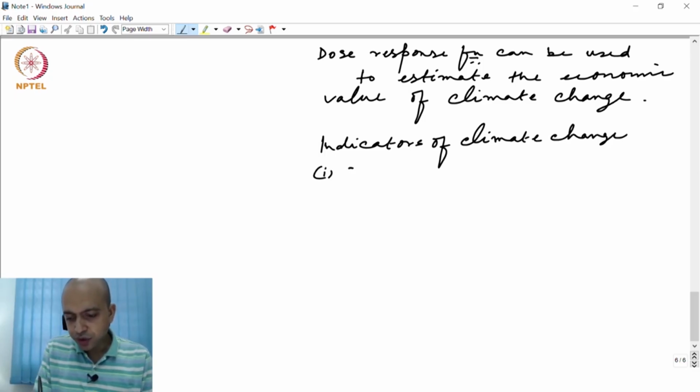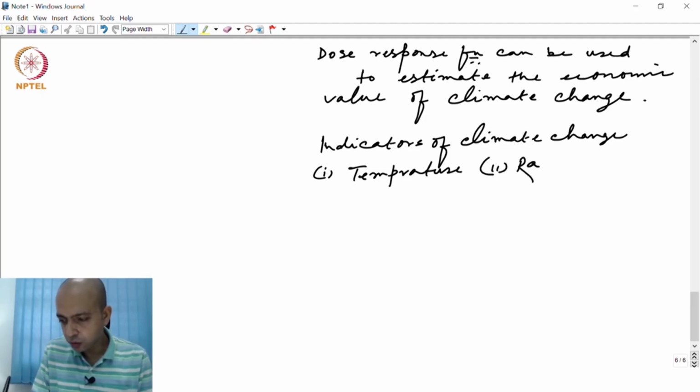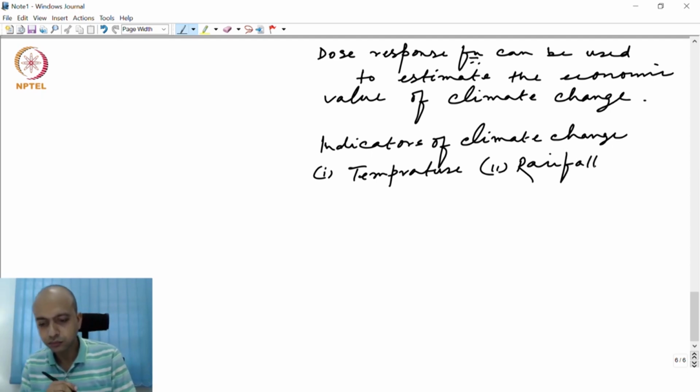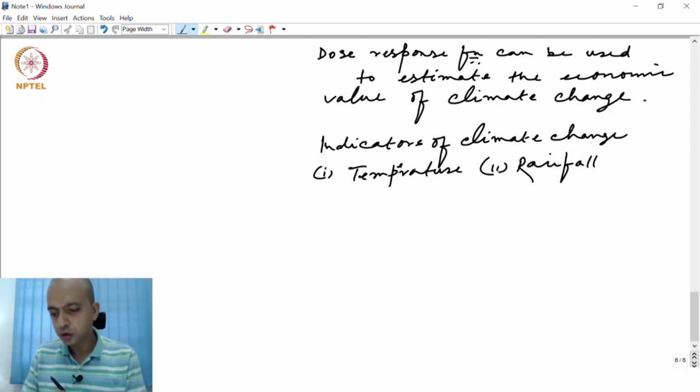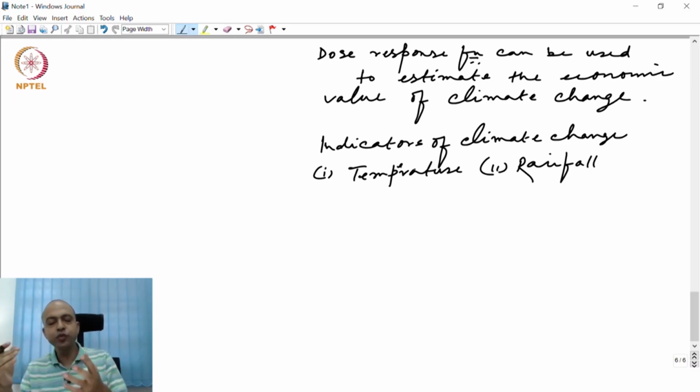Mainly they use temperature, and secondly rainfall. Temperature and rainfall, these are the two major indicators of climate change.